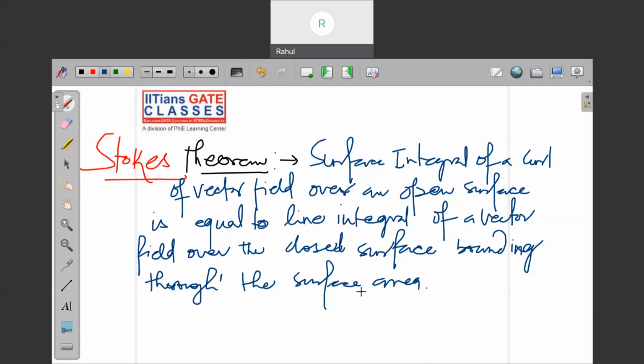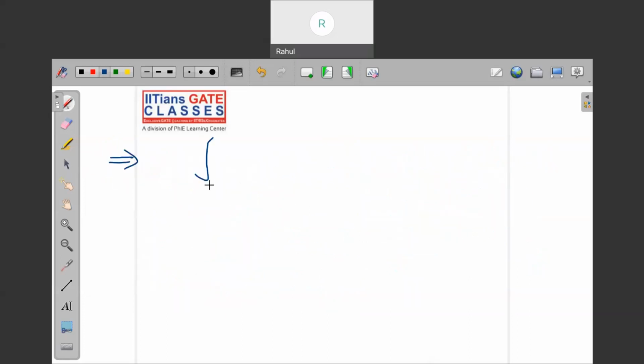You can write it here for an open surface, and inside the open surface integral there will be the curl of A, dotted with ds, which is equal to the closed line integral of A dot dl.